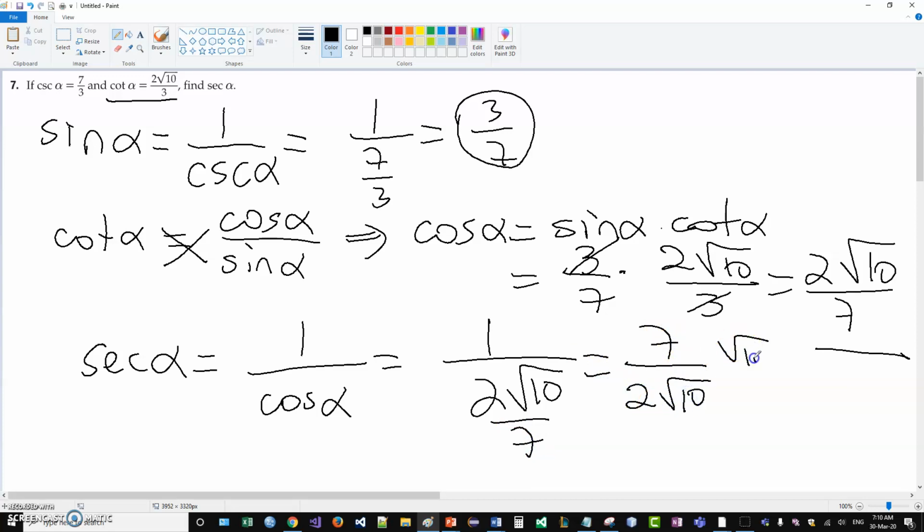Multiply both by square root of 10, equals 7 square root of 10 over 10 times 2 is 20. And that's our answer. Please pause the video and try to make sense of that.